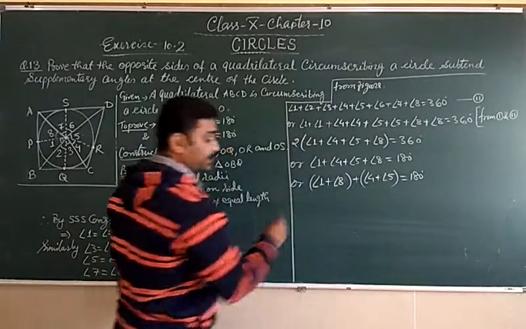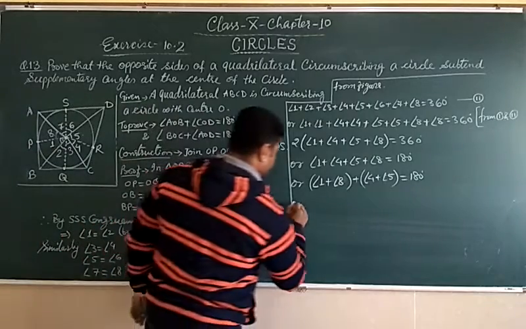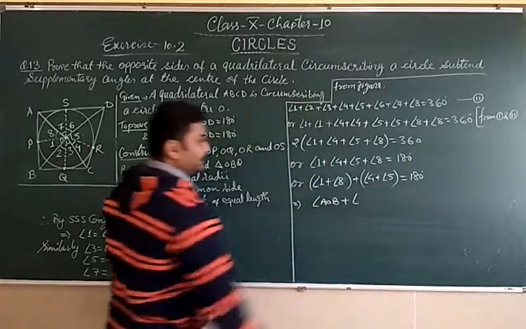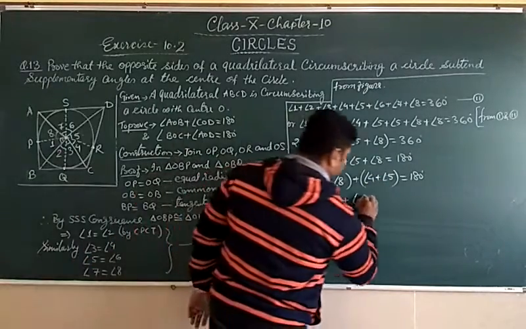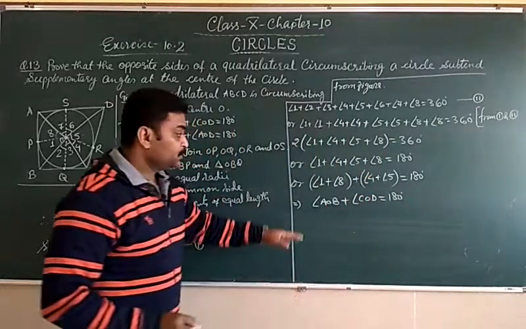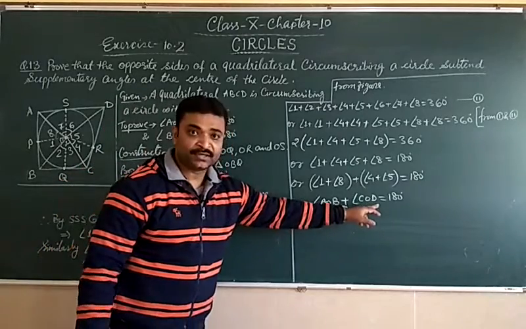In place of angle 1 and angle 8 we can write angle AOB. This implies angle AOB plus, in place of angle 4 plus 5 we can write angle COD, is equal to 180 degrees. This is what we have to prove: angle AOB plus angle COD is equal to 180 degrees.